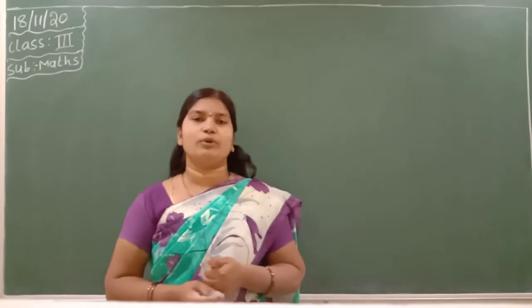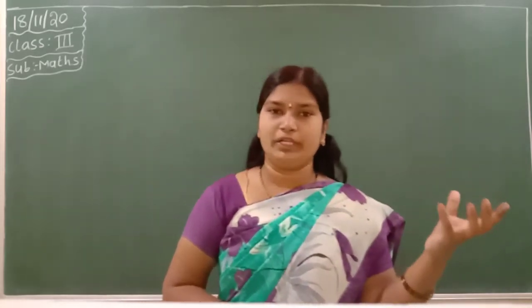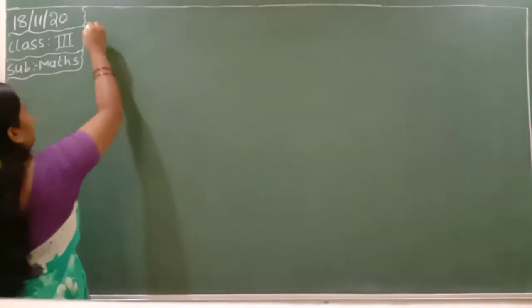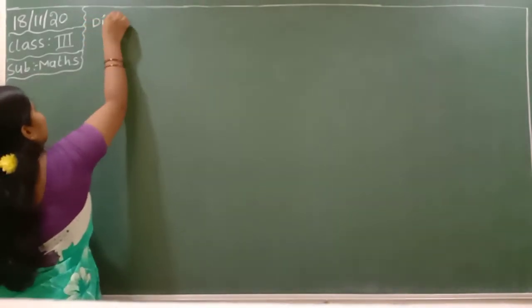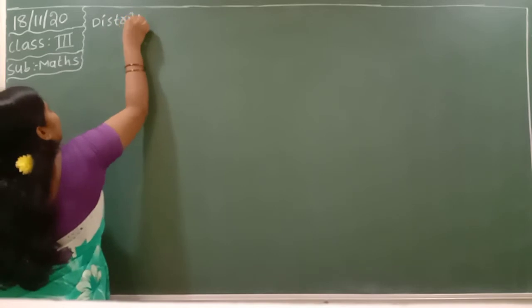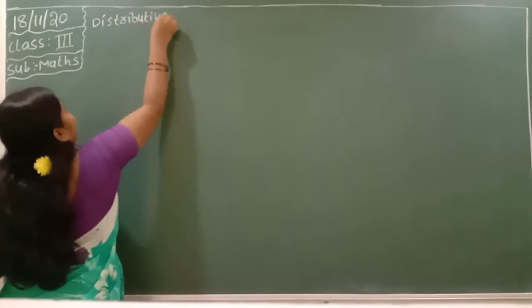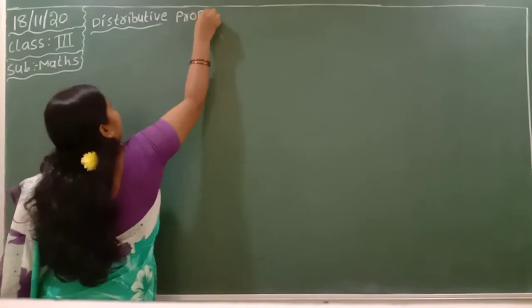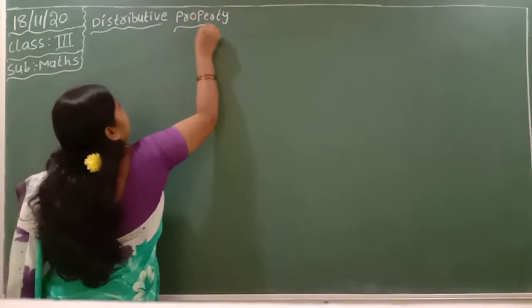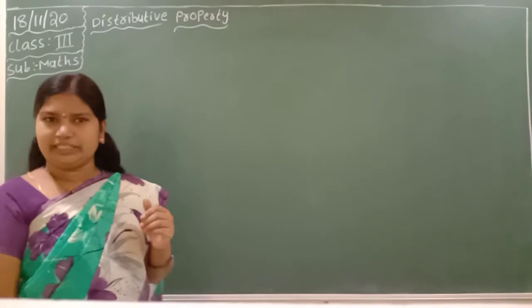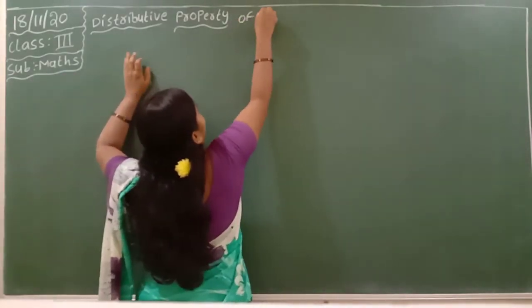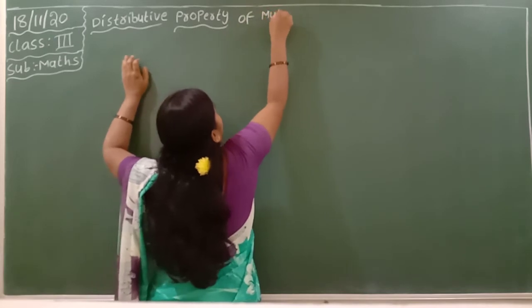Today we will discuss the distributive property. Okay? That is the last property, the distributive property. What is this property, children? Say distributive property of multiplication.